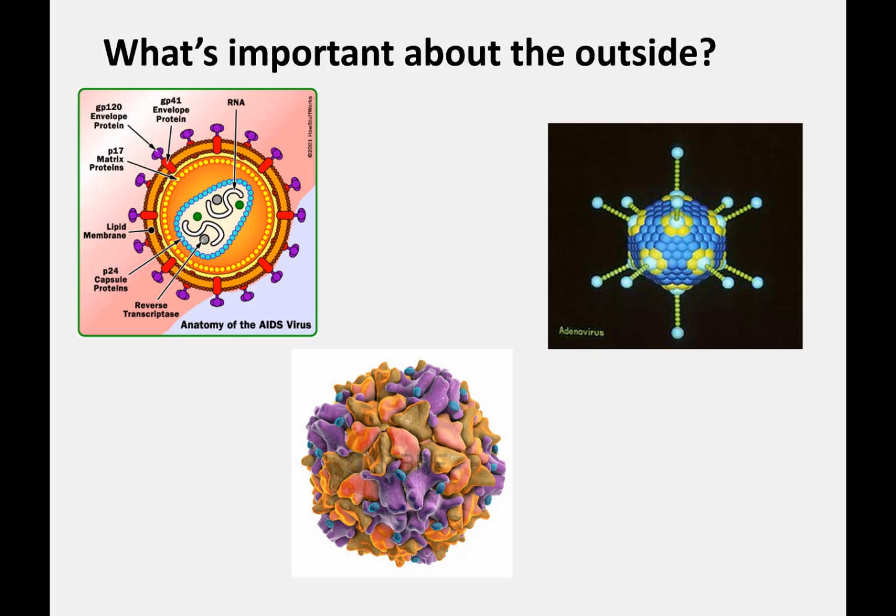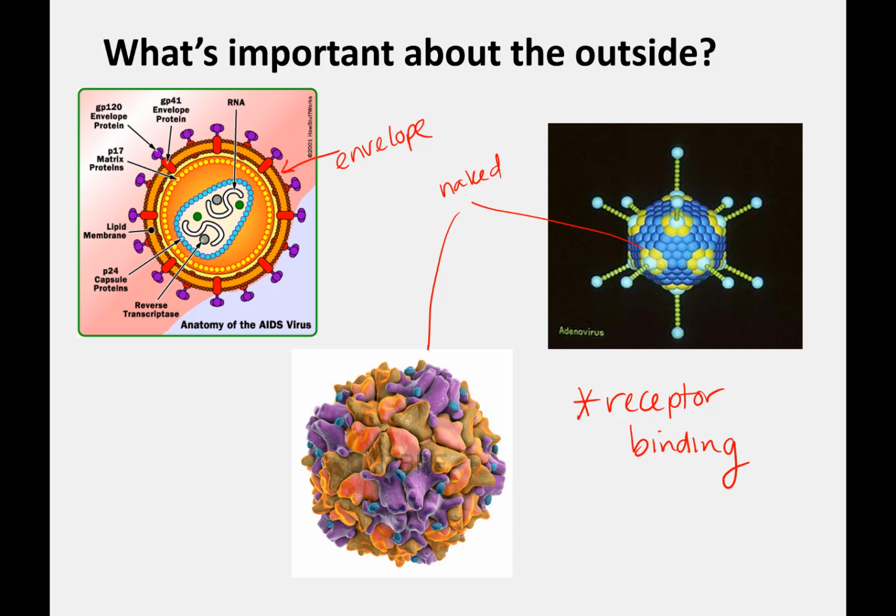The outside of the virus, whether it has an envelope or whether it's naked, is really important for binding the receptor. And remember that receptor binding is how the virus specifically interacts with a type of tissue or a cell that it can infect.